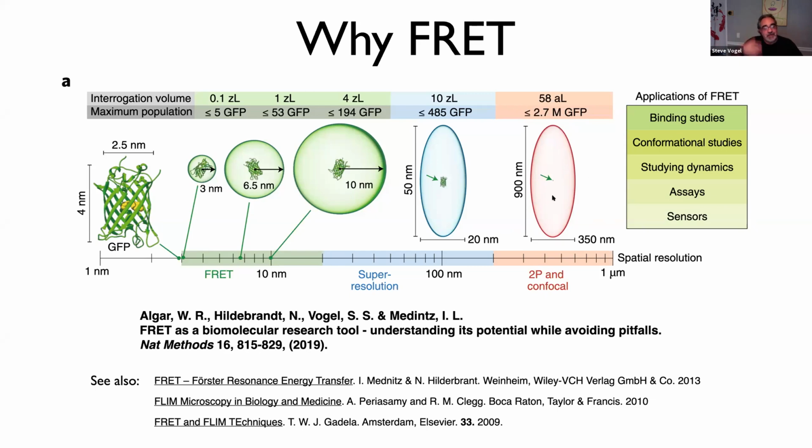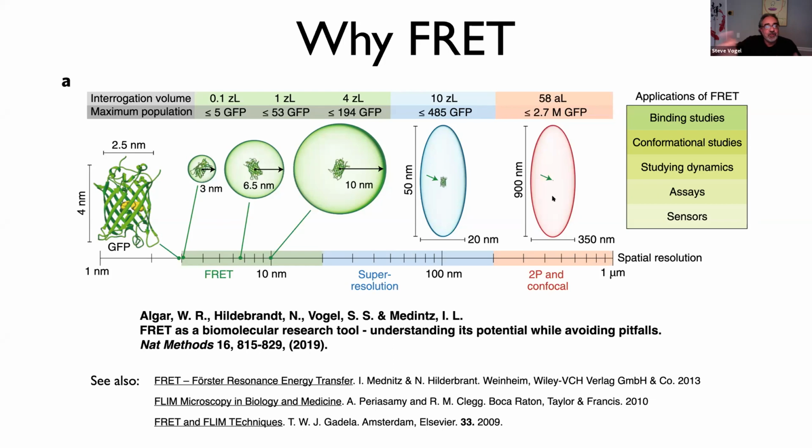So if you think simplistically like a co-localization experiment, let's say I have my 2-photon microscope and I see some green fluorescence and I see some red fluorescence, and they're both coming from the same pixel, the same spot, right? So it's telling me there's co-localization.